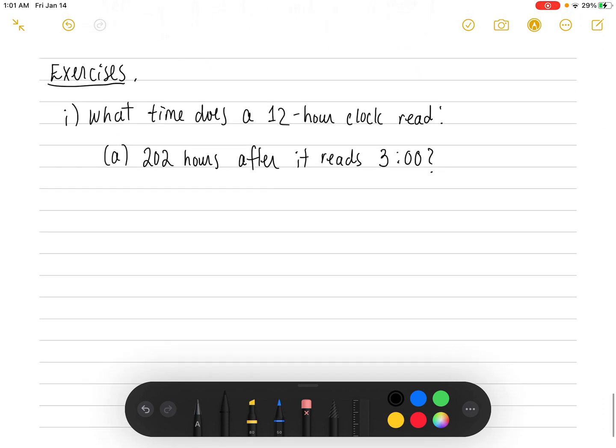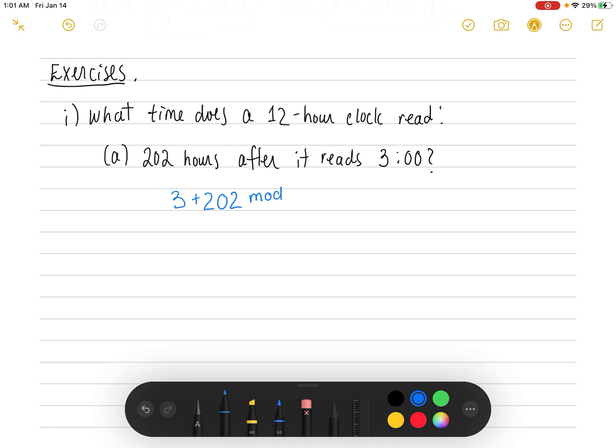So the idea is you're starting at 3 o'clock on a 12-hour clock. What does a 12-hour clock do? It goes around to 12, and then it goes around to 12 again, so it has rotations of 12. So we're in a mod 12 system. I'm starting at 3 o'clock, and I'm going forward 202 hours, so I have to add 202 hours to that.